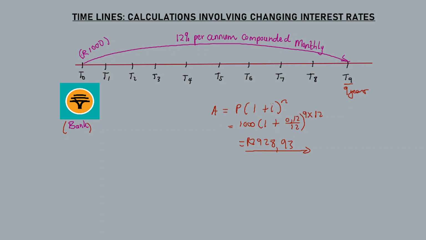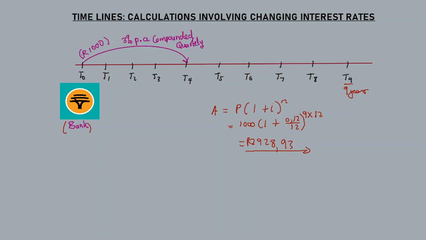Now kwesinye isikhathi kuyenzeka ukuthi no bathi no uyazini, for the first 4 years I mean ngizokupha 3% compounded quarterly, ne?